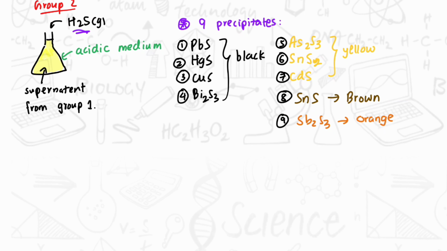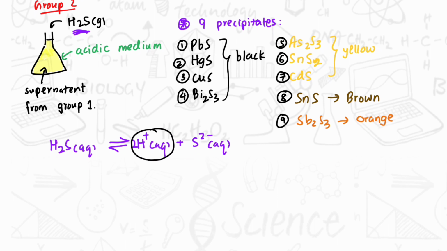The sulfide ions that are required for this precipitation are supplied by hydrogen sulfide. What happens here is hydrogen sulfide, which is dissolved in water, will undergo partial dissociation according to this equilibrium. As the medium is already acidic, according to Le Chatelier's principle, the system will try to decrease the amount of H plus ions.